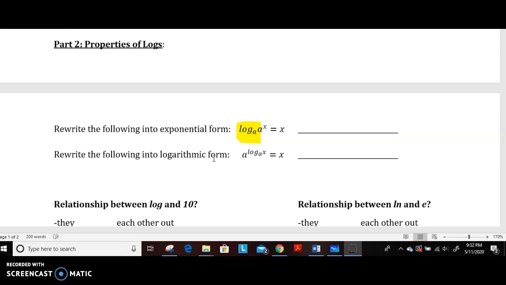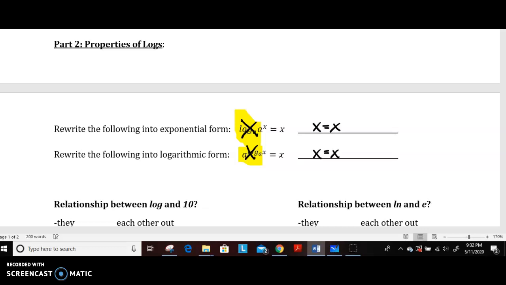Since the base of our log is the same as the base of our exponential, these actually cancel out, and it becomes x equals x. In my second one, I have a raised to the log base a of x. Since the bases of those are the same, they also cancel out, so x equals x.